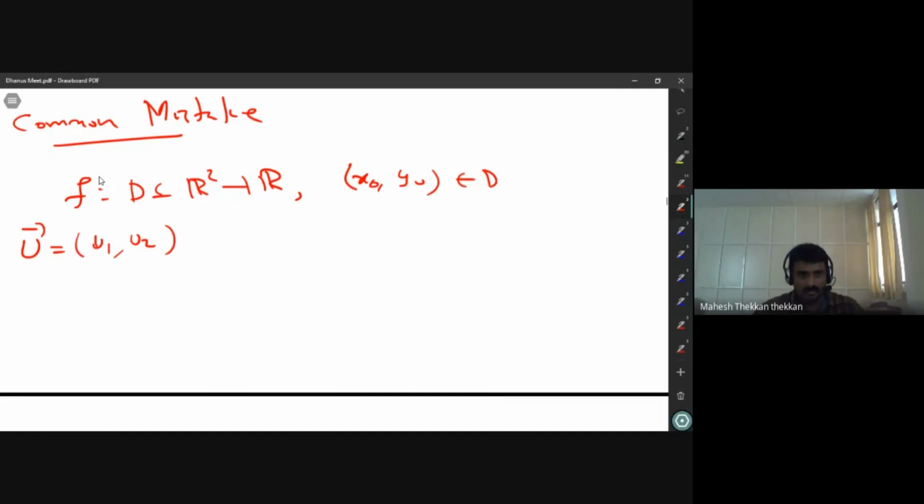In UG classes, most people discuss the directional derivative with respect to the gradient, del f of (x naught, y naught) dot (u1, u2). You might have seen this as the definition, but this is not correct in general. If you find this, it won't give the directional derivative in general. Some condition is needed on f to get this.